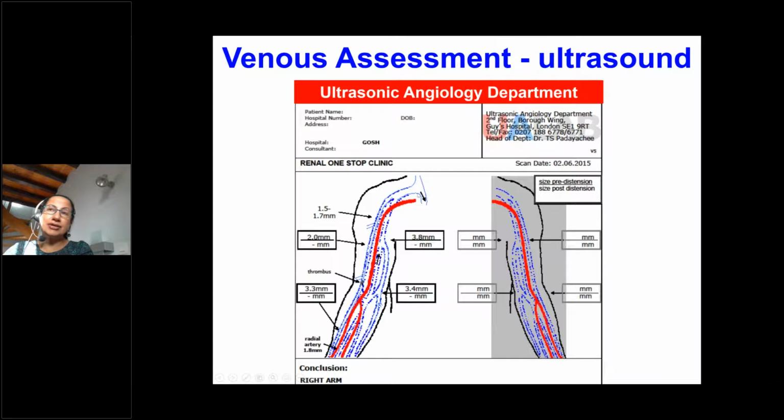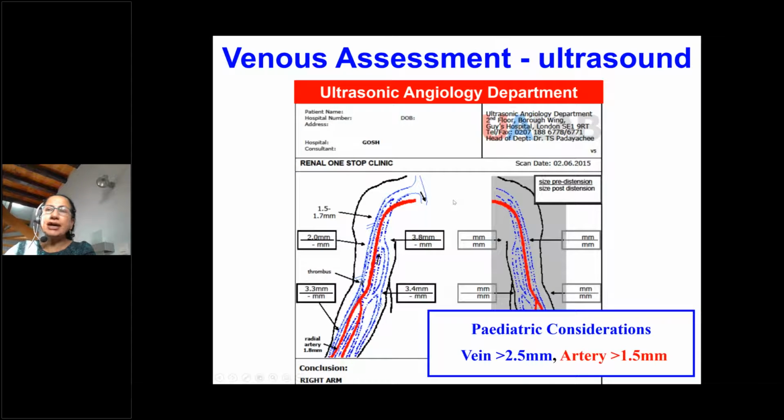But keeping in mind that central vein assessment by ultrasound is difficult because you cannot look behind the clavicle with an ultrasound scan. And for pediatric considerations, of course, the bigger the vein, the better your outcome is likely to be. But veins of more than 2.5 millimeters and arteries of more than 1.5 millimeters are considered adequate.